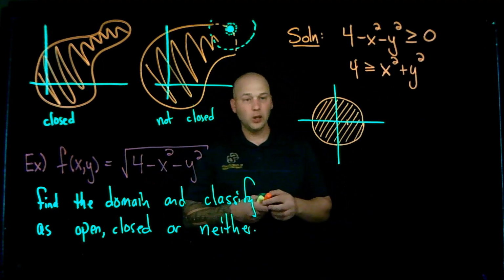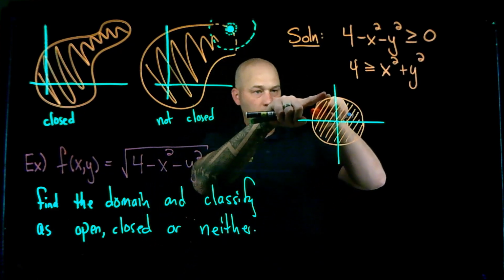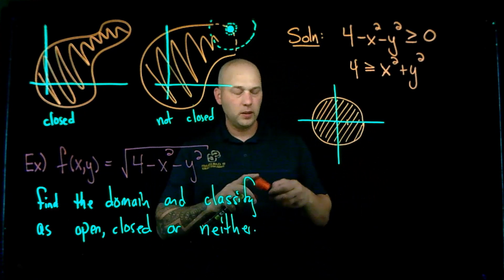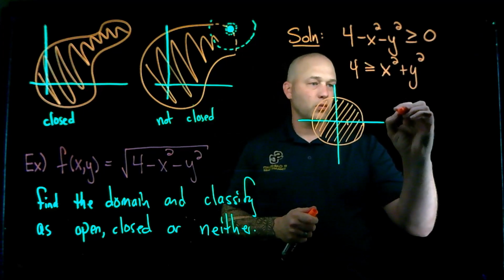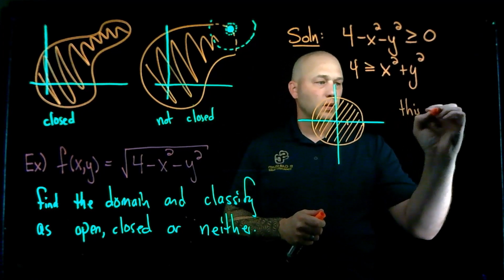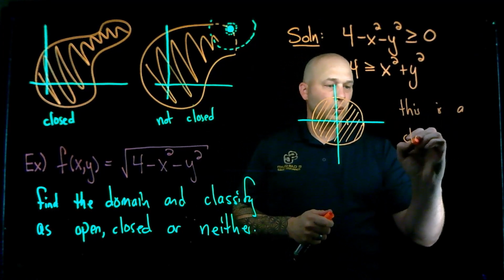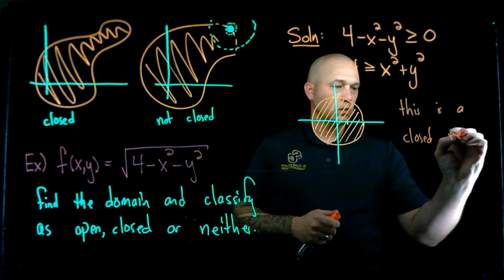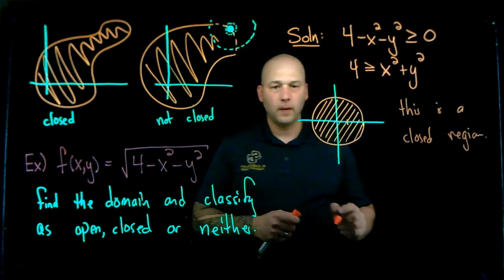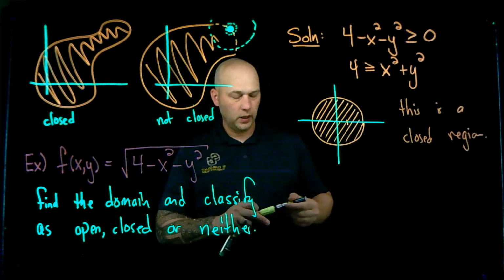So this includes the edge here. Those are all limit points, and therefore this is a closed region.